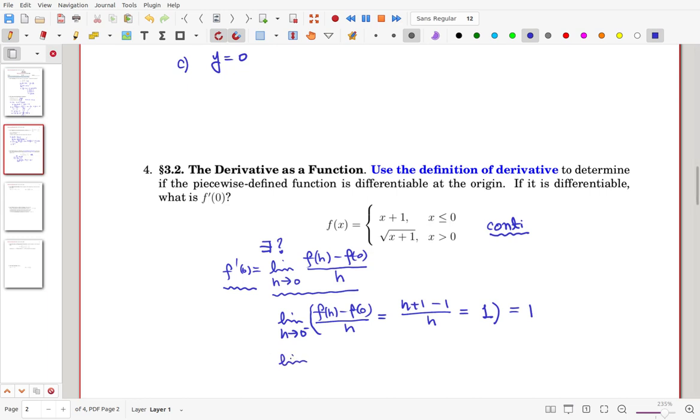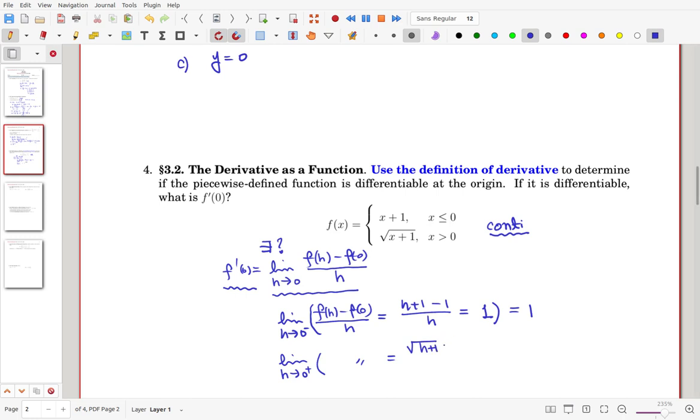How about the other side? The limit as h approaches 0 from the right. Here the quotient is the same as, now h is larger than 0, approaching 0, so we have to use this one, that is square root of h plus 1.